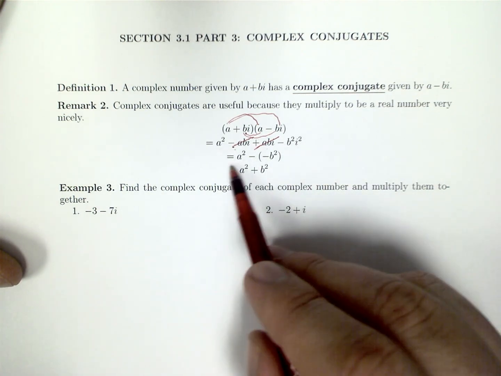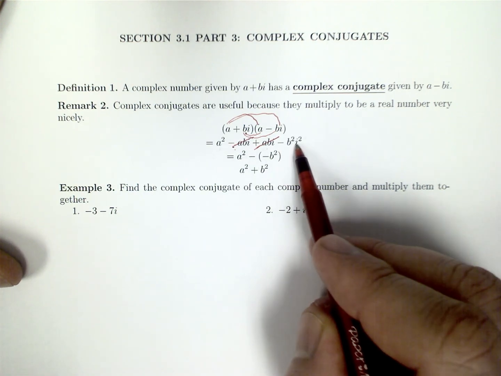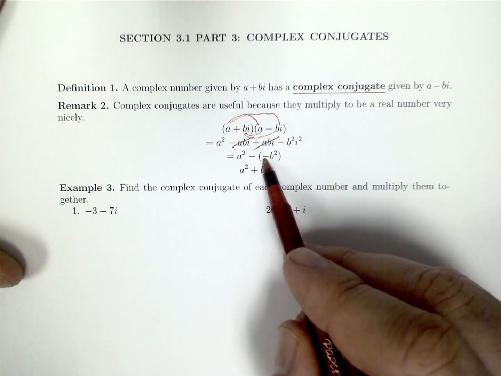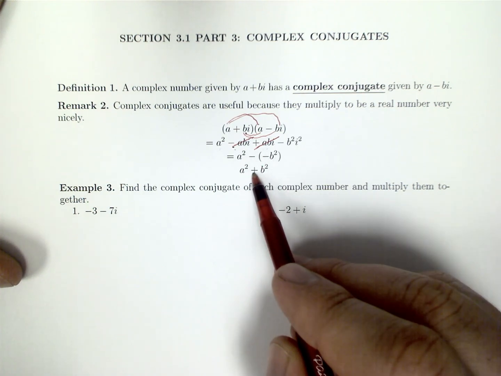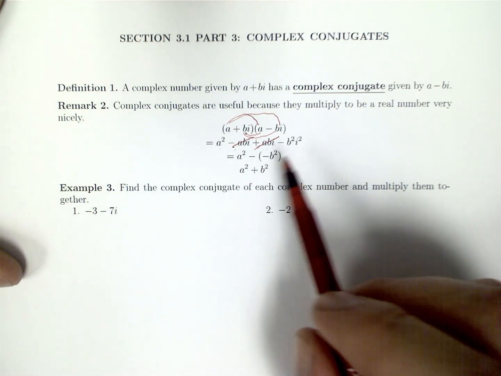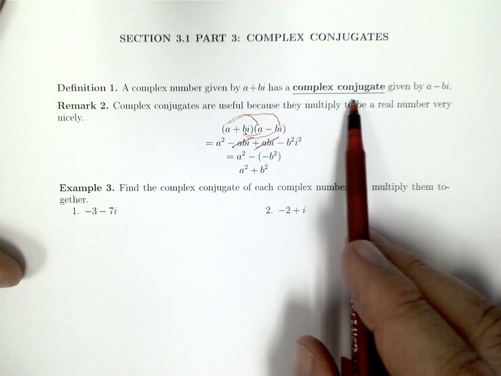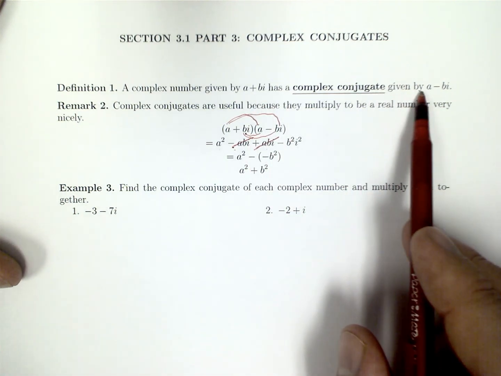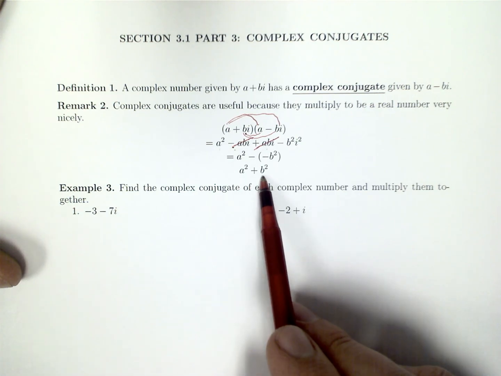Remember that i squared is negative 1. So we have a squared minus b squared times negative 1, so minus negative b squared, and a negative of a negative is positive. So the interesting thing about multiplying a complex number with its complex conjugate is that notice that there's no i here.